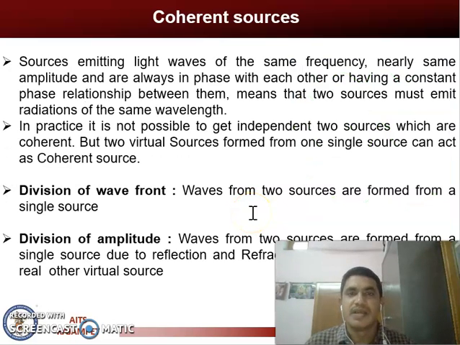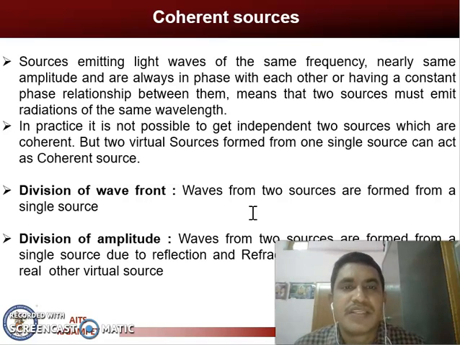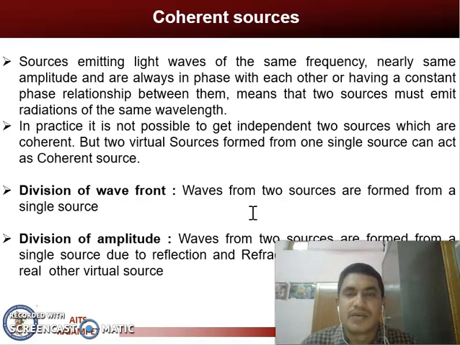Next one is the coherent source. Sources are said to be coherent if they emit light waves of the same frequency, nearly the same amplitude, and are always in the same phase with each other. This means the two sources must emit radiation of the same wavelength or same color.